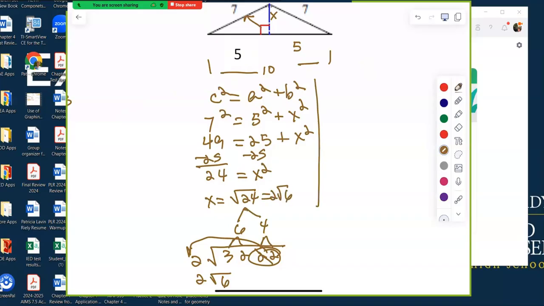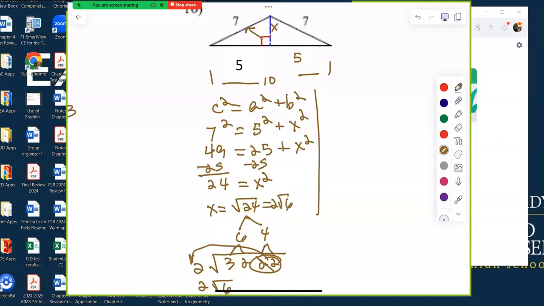Okay, half the problem's done. We actually need area. Area equals, notice I'm writing the formula down each time. That is really good form. Okay, the entire base is 5 plus 5, or 10. And the height we just calculated is 2 radical 6.